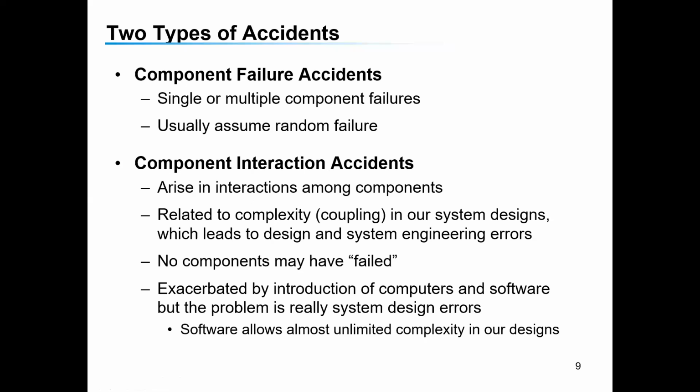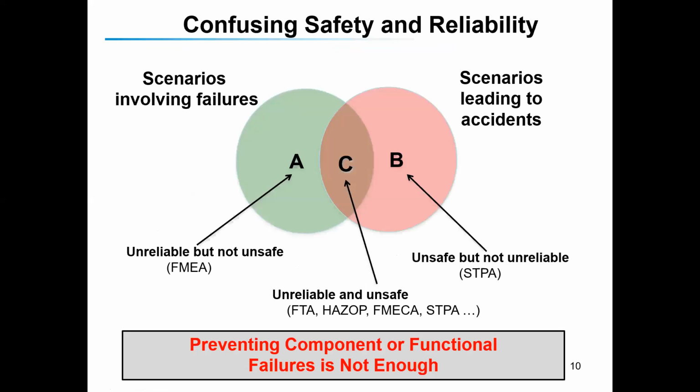No components may have failed. Now, it's made worse by the introduction of computers and software, but the problem isn't the software or the computer. The problem is really the system design errors. And this stems from the fact that software allows almost unlimited complexity in our designs.